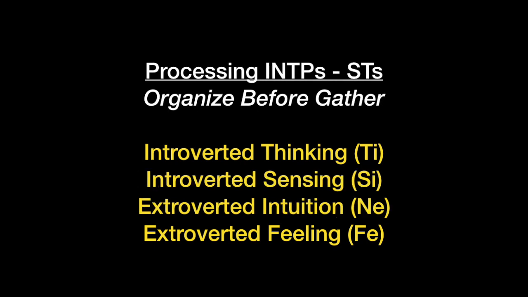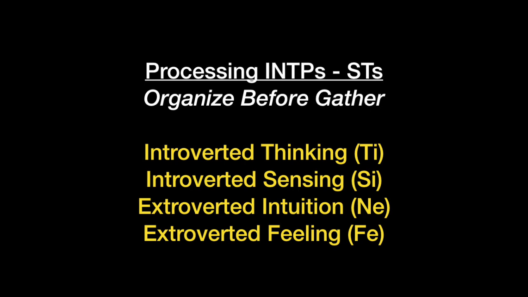The second main type of INTP is the processing INTP. They're the ones that are using sleep energy over play energy. They're preserving their physical energy, and they use that through their introverted thinking and then their introverted sensing because they jump their second function of NE. So they would resemble more of an ST type, and they would be much more introverted than the other type of INTP.